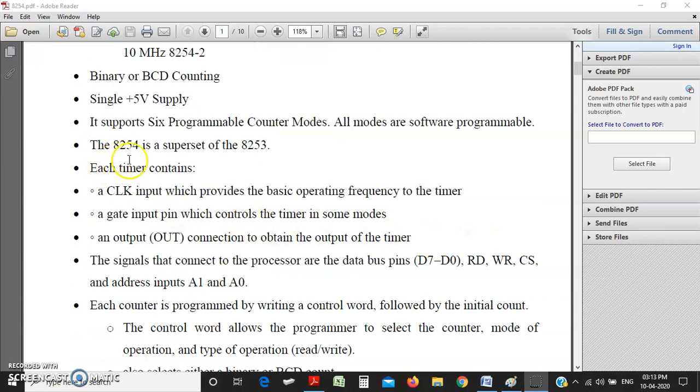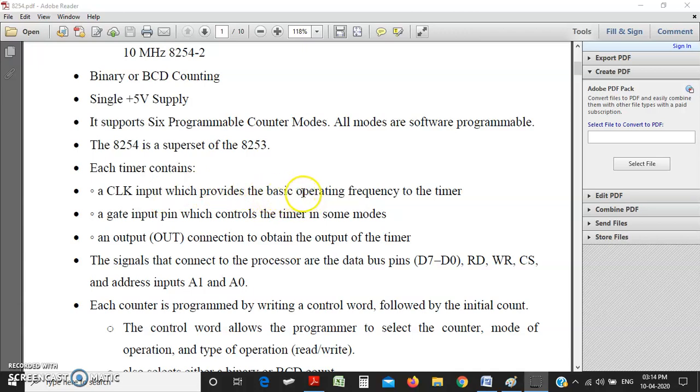Each timer contains mainly 3 pins: one clock input, gate input, and output pin. We will discuss the function of each. Clock input will provide the timing signals to this timer IC.